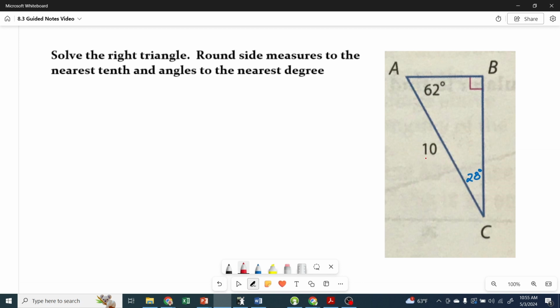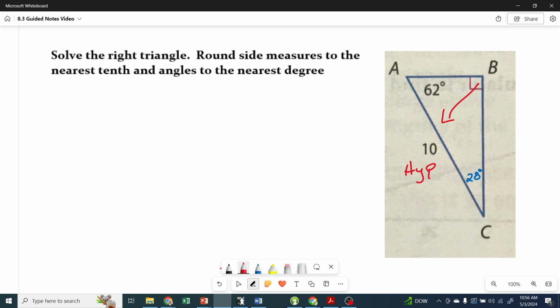Let's figure out what side this is. This is the hypotenuse. So since I have a hypotenuse, I have to pick either sine or cosine. So I'm going to hit cosine this time.